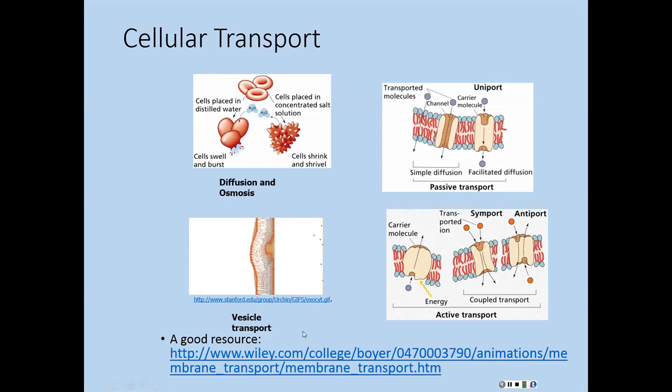There are several different links that you can take a look at here that can be helpful to you as well, if you've forgotten some of these transport mechanisms: what's the difference between active transport, in which ATP is used, versus passive transport, in which we're looking at movement along a concentration gradient or an electrochemical gradient. So be sure you have a basic understanding of these.